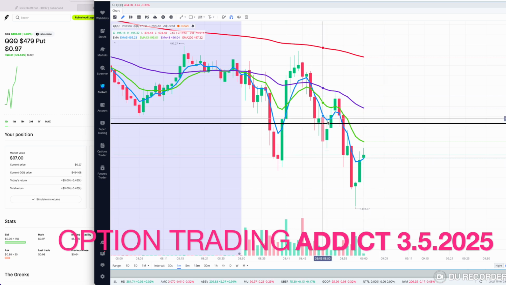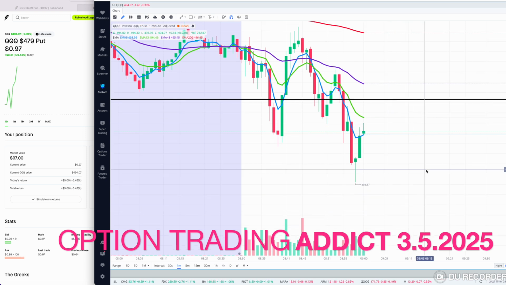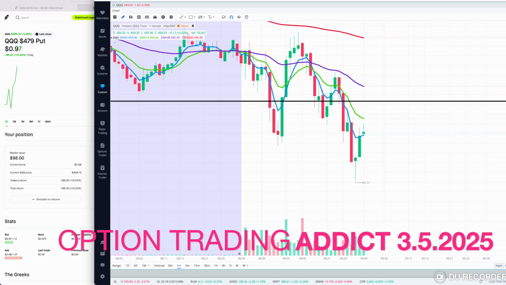So we kind of broke down past this point right here. Maybe getting a retest of it, or well, attempting to get a retest. If it establishes a lower high, I do expect this to drop on down and bank profit.